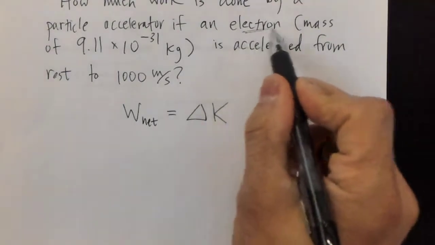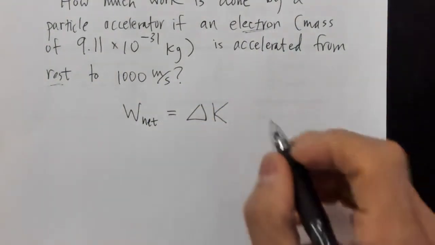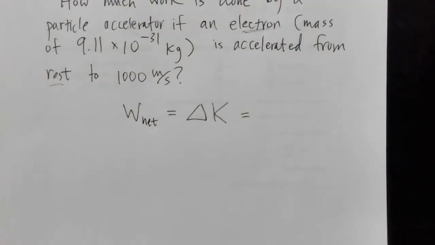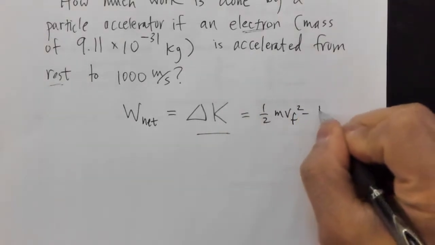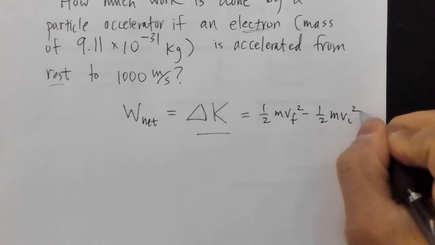The electron starts from rest. So if I write down the change in the kinetic energy, this will be 1/2 m v final squared minus 1/2 m v initial squared.